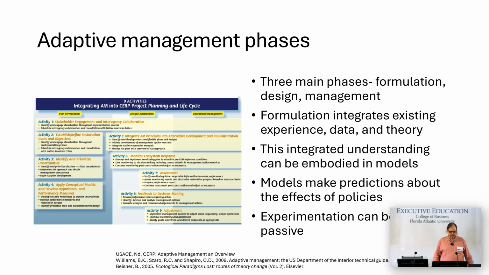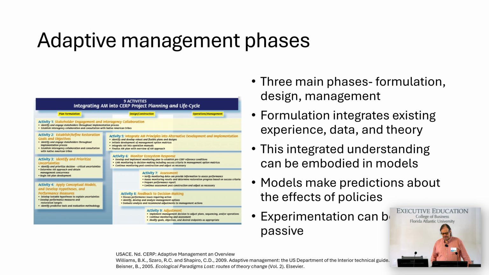And then the final one is operations and management of the decision that's being implemented. And so formulation will integrate existing theory, data, and experience. So what's the knowledge about what could happen with this decision? And this integrated understanding is often embodied in quantitative models. And models make predictions about the effects of policies.